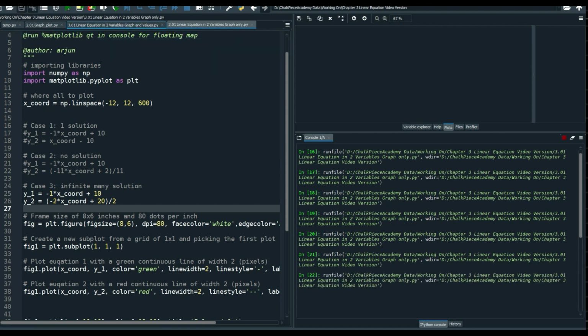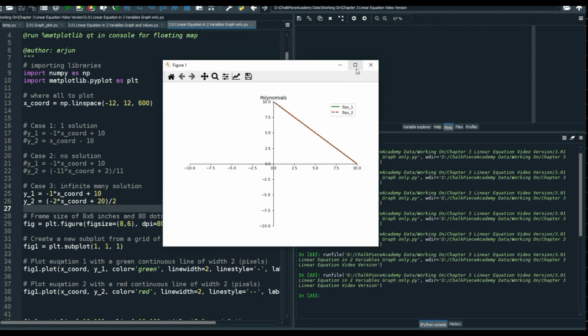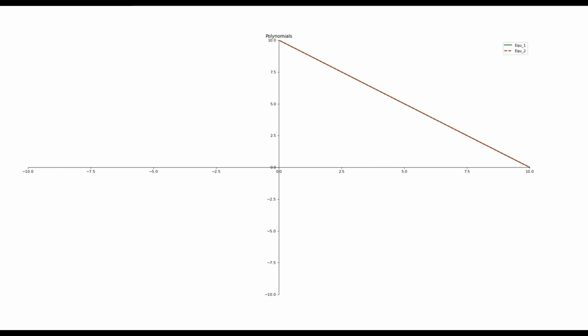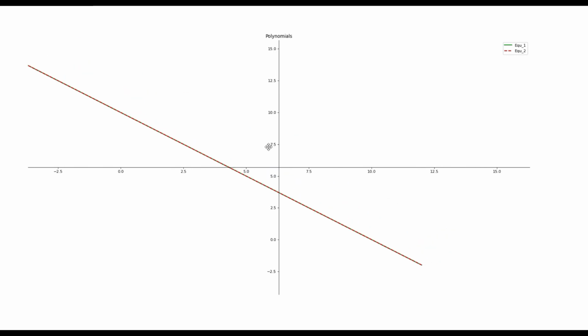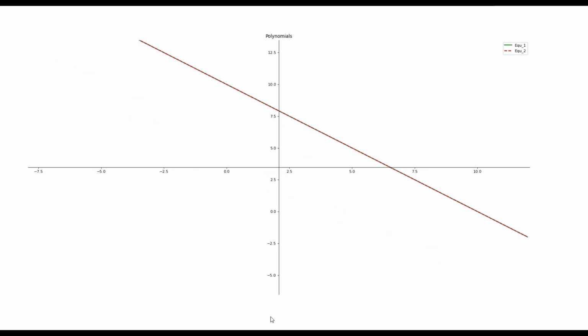Let me execute, and we have the answer. So what are we looking at? Equation 1 is green and equation 2 is red but dashed. So we are looking at some red and green. What does it mean? And where is the other equation? Is this a single equation line or double equation line? What do you guys think?